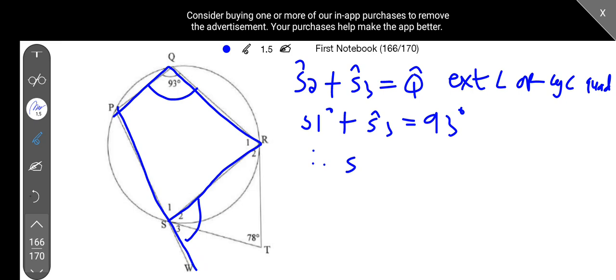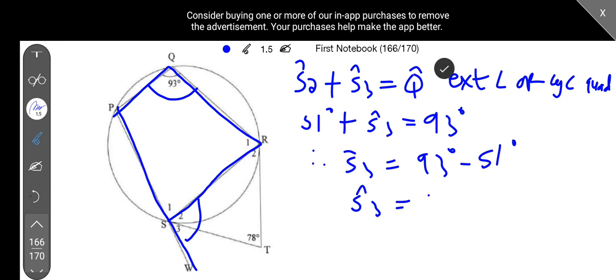Therefore, to get S3 on its own, that will be 93 minus 51 degrees, right? And angle S3 will be equal to 9 minus 5 is 4, and 3 minus 1 is 2. Therefore, the answer here is 42 degrees. It means that angle S3 is equal to 42 degrees.